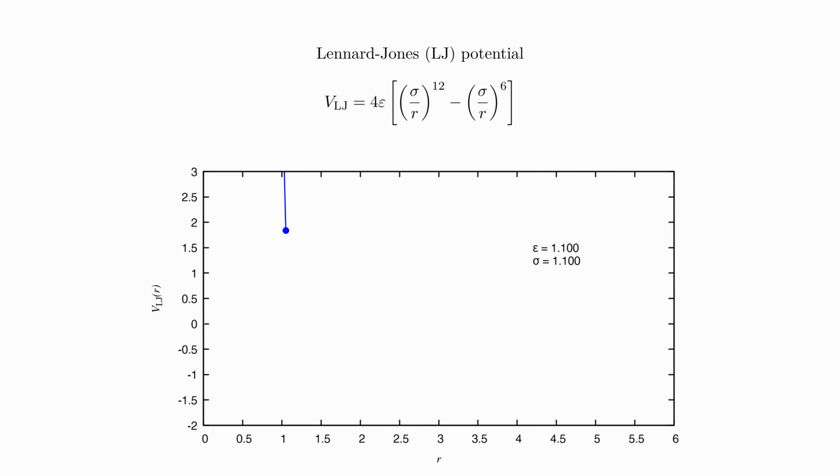Here comes our potential. Let's vary its free parameters so you can see what kinds of different shapes this potential can assume. For each type of atom, this shape will need to be adjusted.